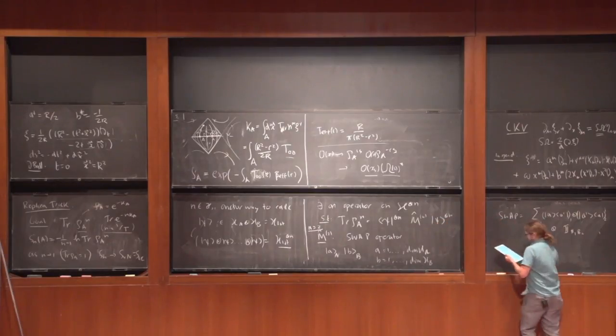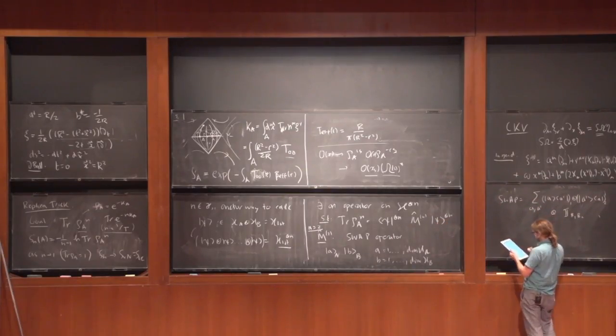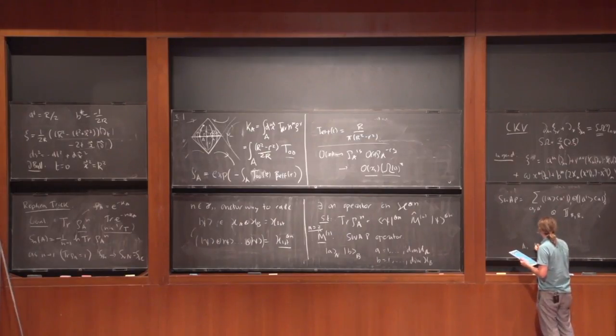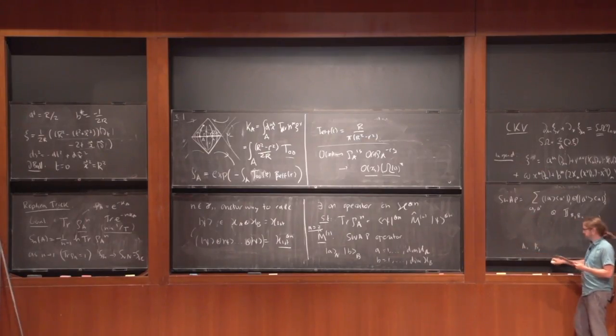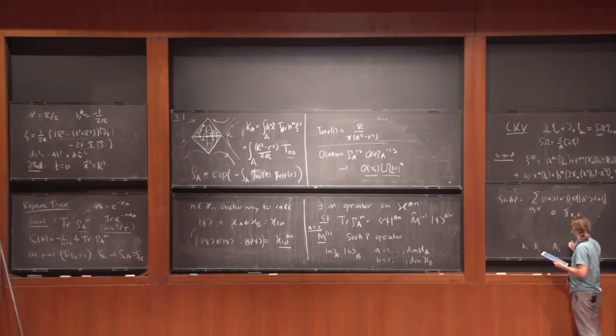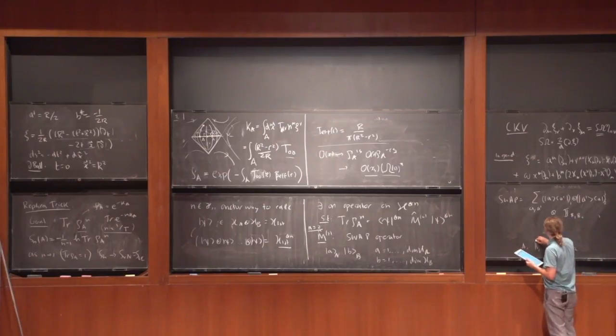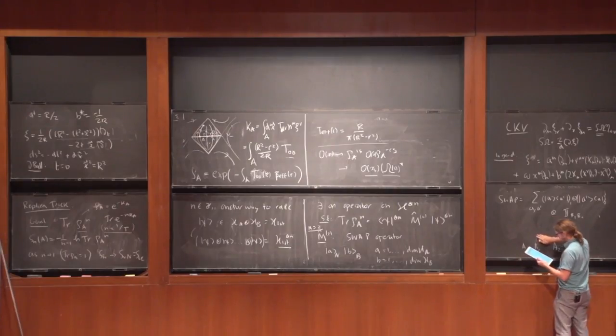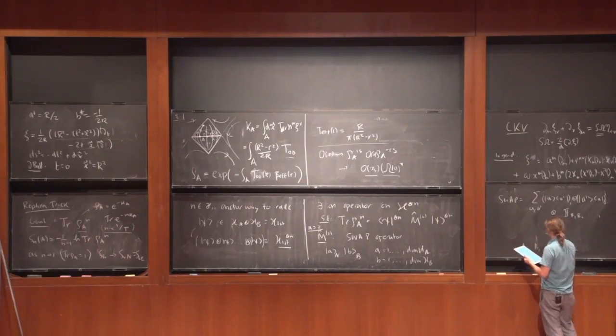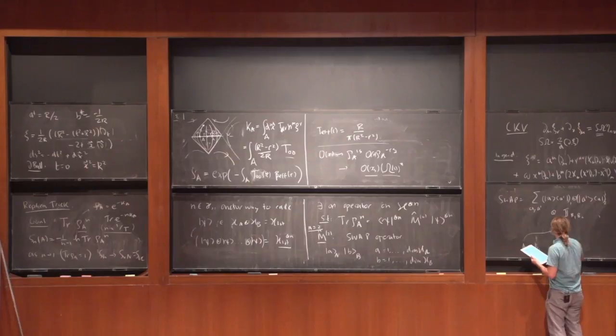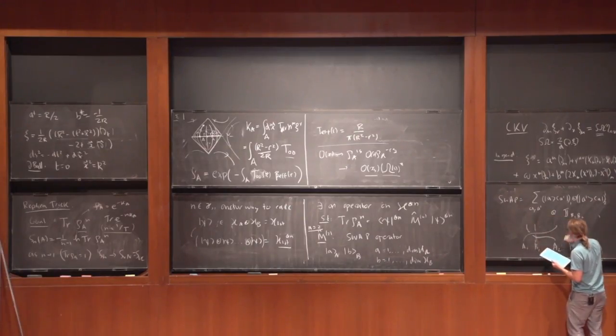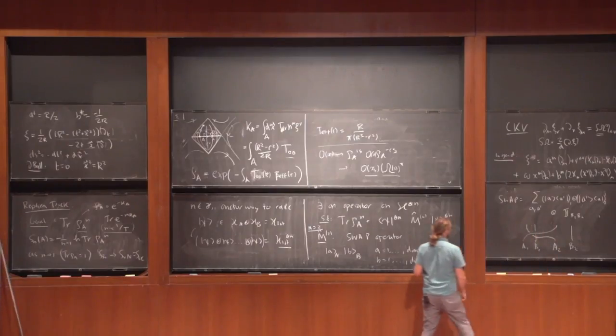Let's give a sort of a pictorial representation for it. If I have the first replica, which I represent as A1 and B1, and the second replica is A2 and B2, then the swap operator does nothing to B1 and B2, but it swaps A1 and A2. So it does something like this, and then B1 and B2 go straight through.